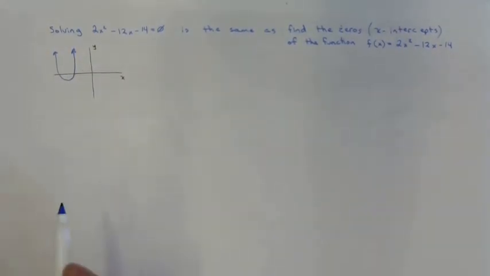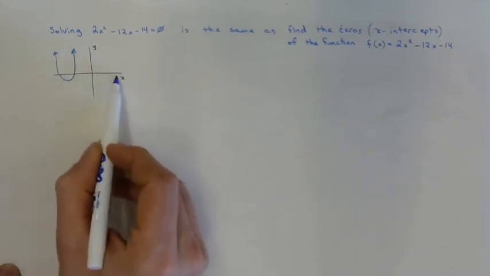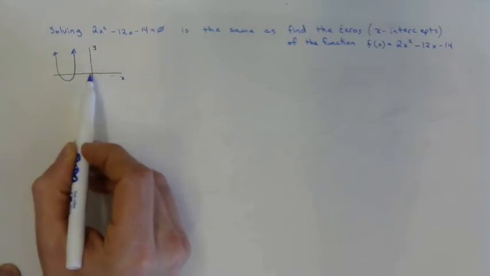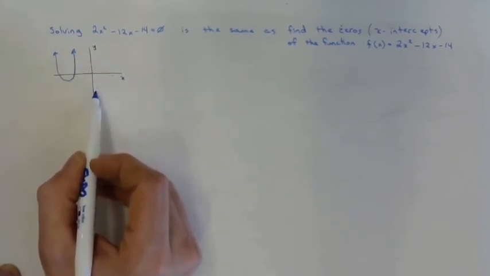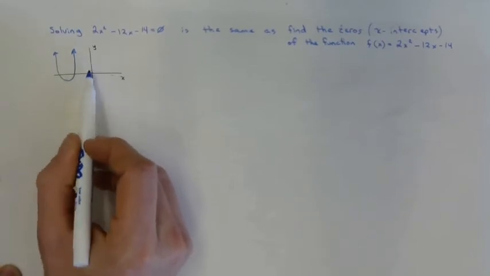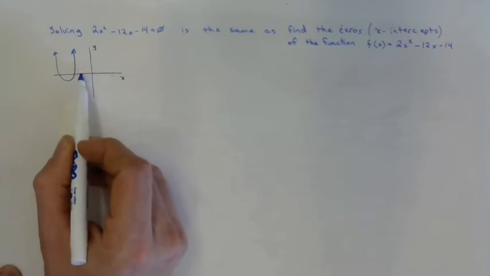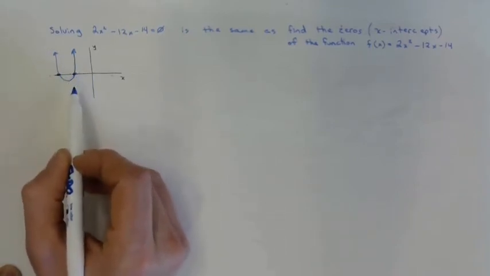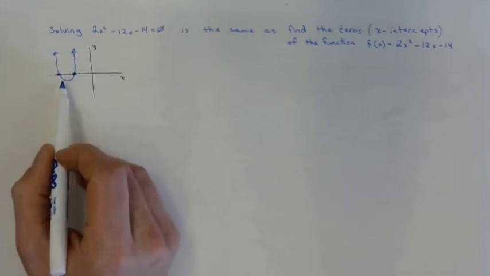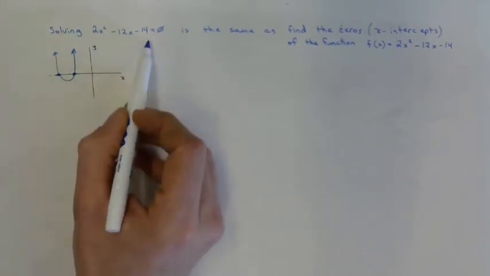Where are the y values 0? They're 0 along this whole line. Along the x-axis, y is 0. If you move down, you're in negative y land. If you move up, you're in positive y land. If you stay here, you're at 0. There's a 0, and there's a 0. So the places where the function crosses the x-axis are the zeros. It's where the function equals 0.